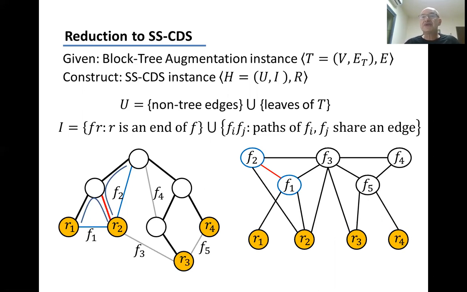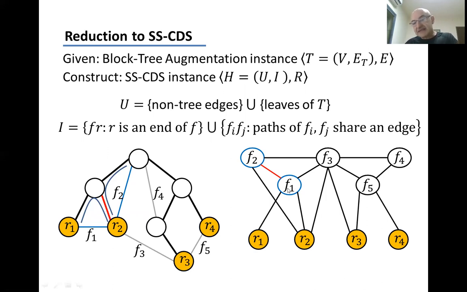Hence, in the reduction graph, F1 is connected to both R1 and R2. In addition, for any two edges such that their paths in the tree share an edge, there is an edge between the corresponding non-terminals. For example, the paths of F1 and F2 share the red edge. And therefore, there is an edge between F1 and F2 also in the reduction graph.